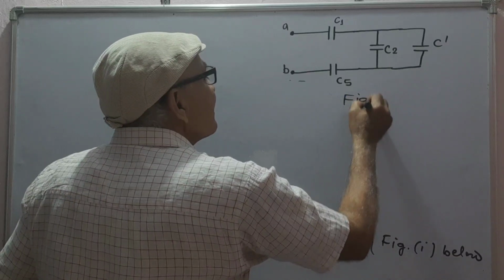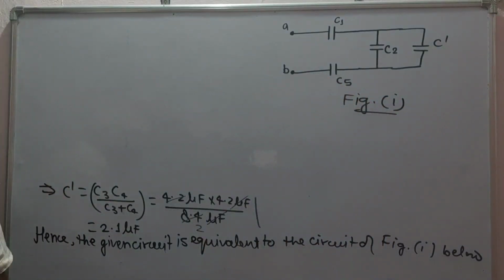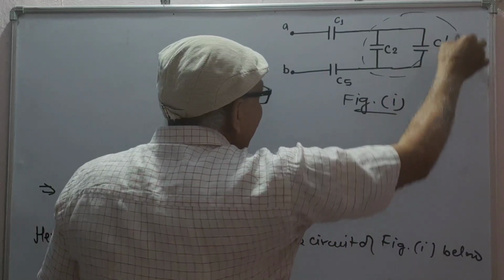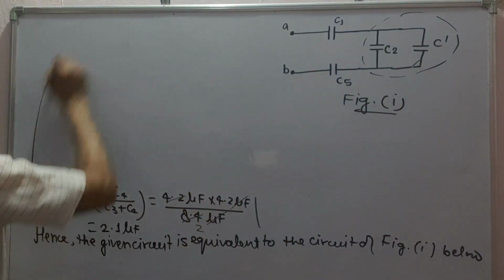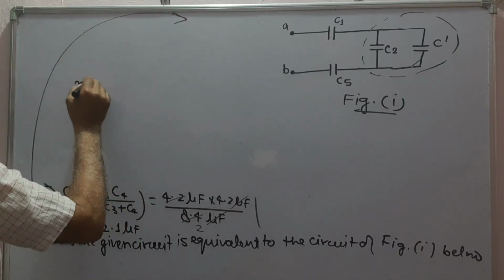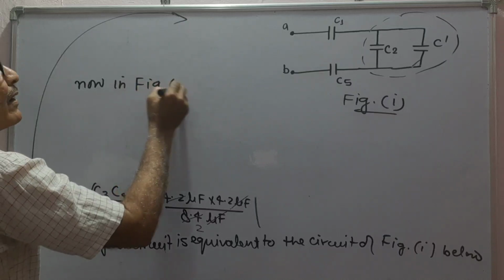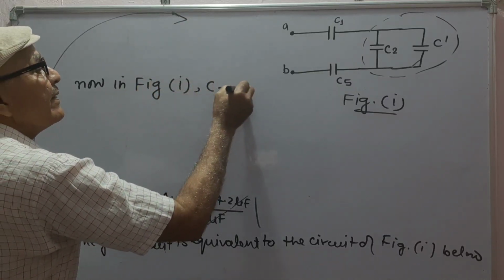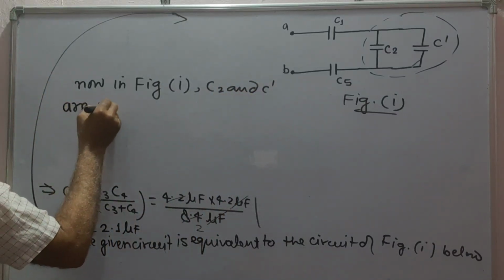So, this is figure 1, which is the equivalent circuit of given circuit. Again, in figure 1, C2 and C dash are in parallel.